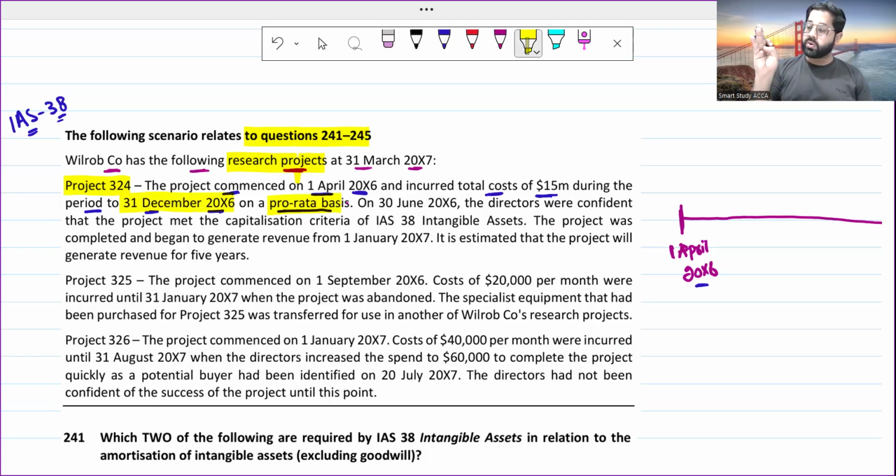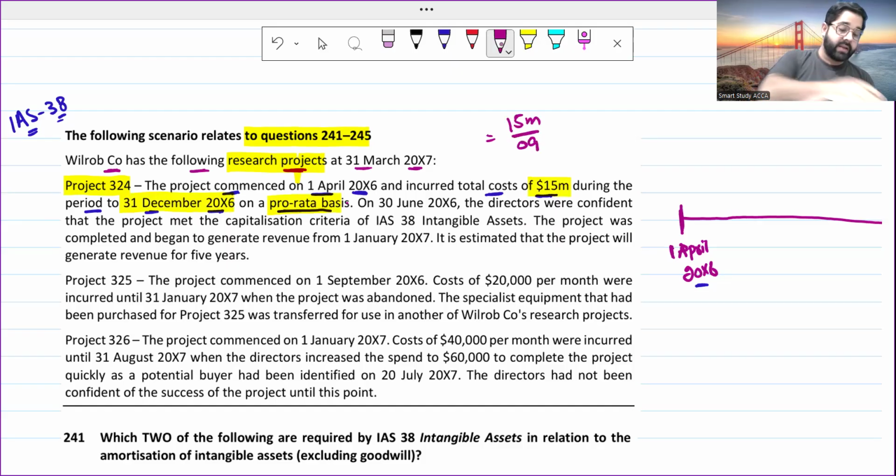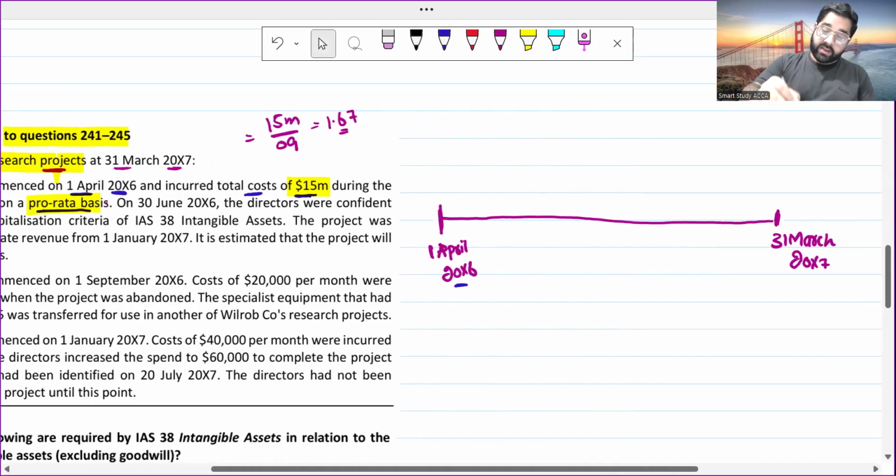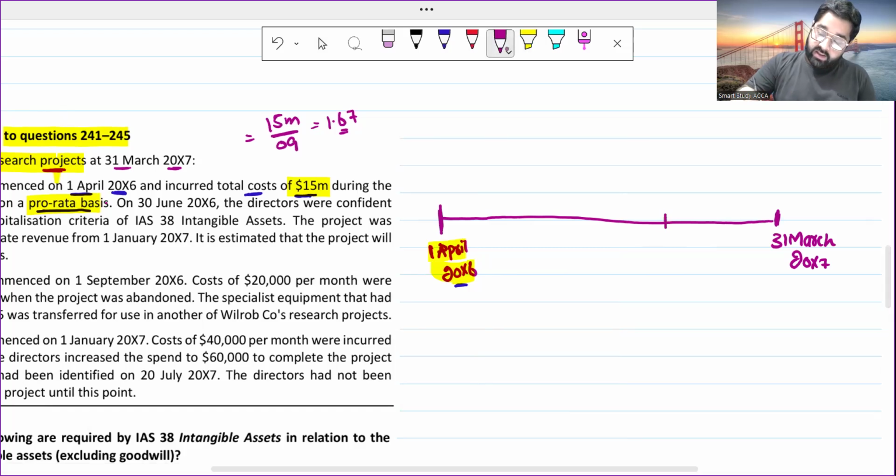April, May, June, July, August, September, October, November, December. Total of 9 months. And the total cost is 15 million. So what will be the cost per month? 15 million divided by 9. So the cost per month is 1.67, right? To the nearest $1,000, it may be 1.67. So the project commenced at the start of the year on 1st April 20x6 and ended at 31st December 20x6.